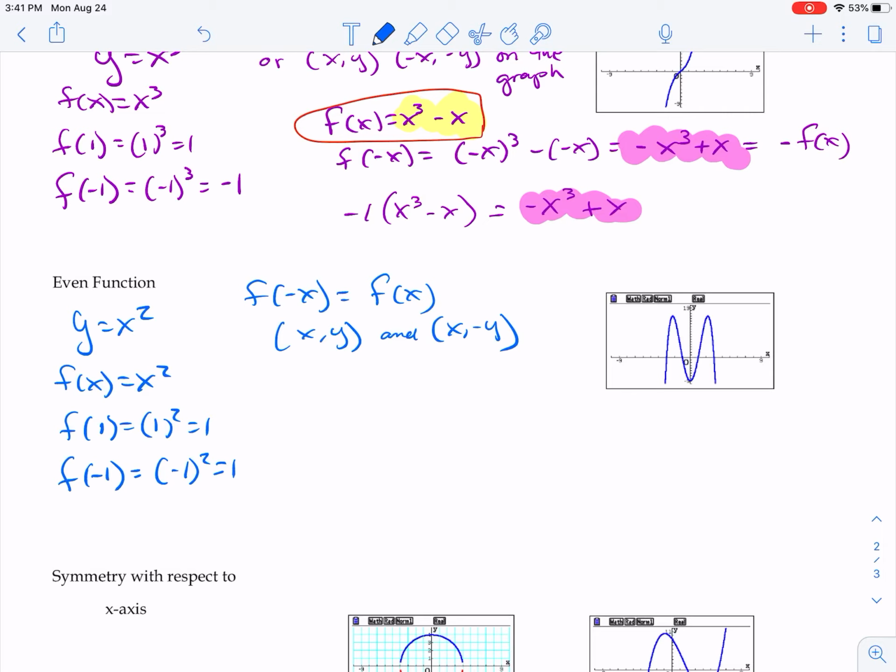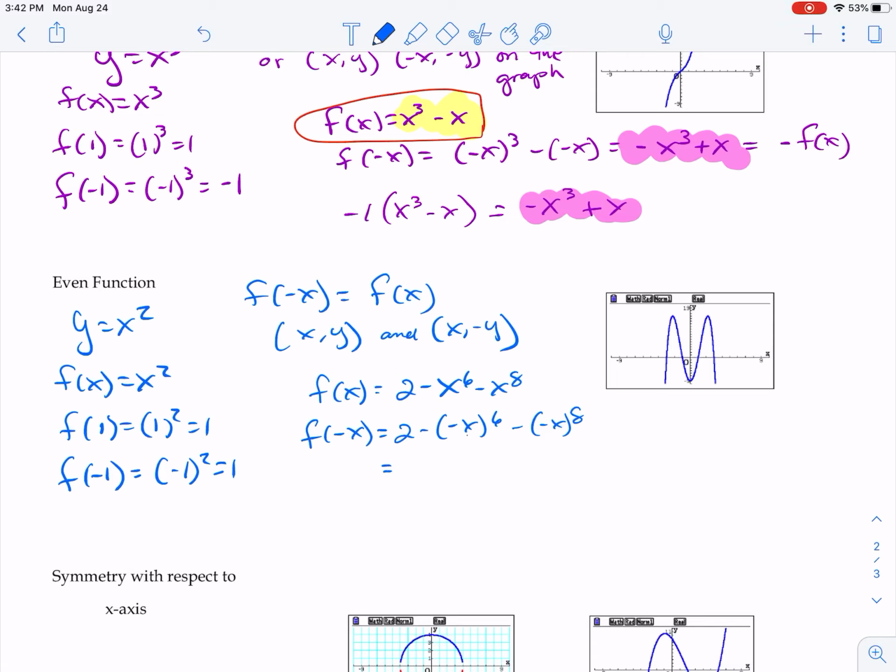Likewise, if I ask you to prove a function is even, you have to do it in the generic set and just use f of x, of negative x. So here we go. I have 2 minus x to the 6th minus x to the 8th. Plug in negative x. You get 2 minus negative x to the 6th minus negative x to the 8th. Clean it up.